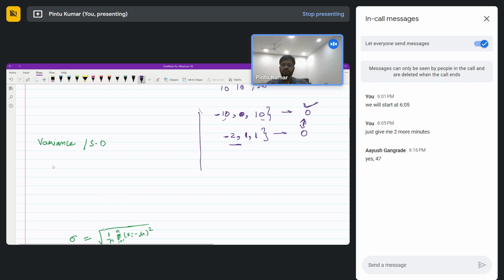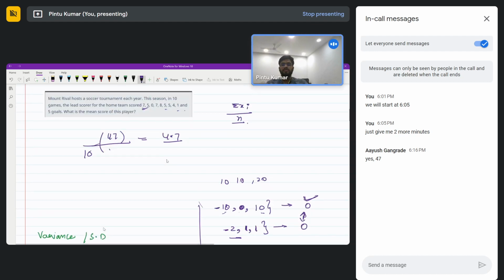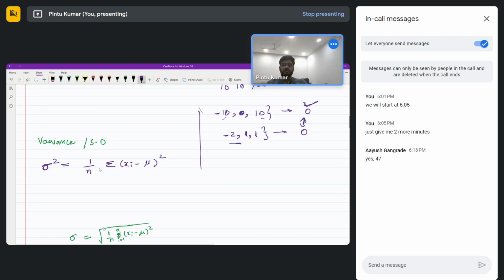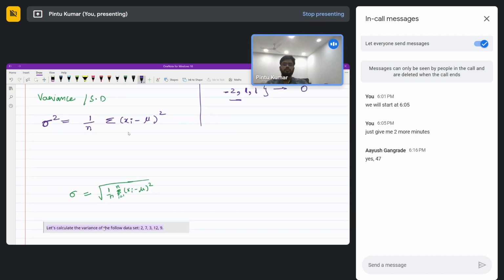So what is variance? What will variance capture? Variance is denoted by sigma square. Sigma square is nothing but 1 upon n, summation of xi minus mu whole square. Recall that mu is your mean. So this is the formula for variance.